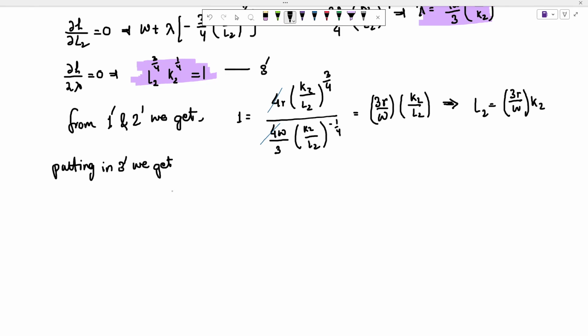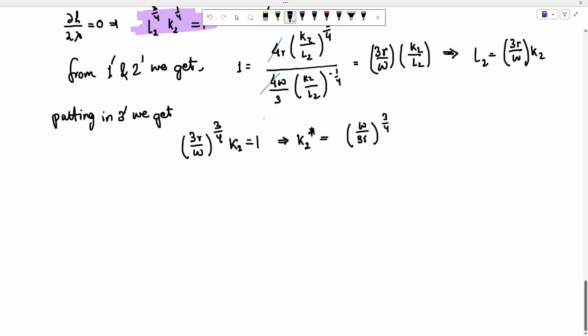We get 3 by 4 K2 to 1. This implies K2 star would be W by 3R power 3 by 4.